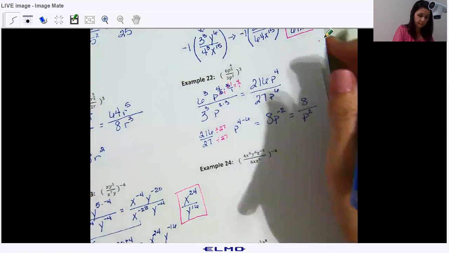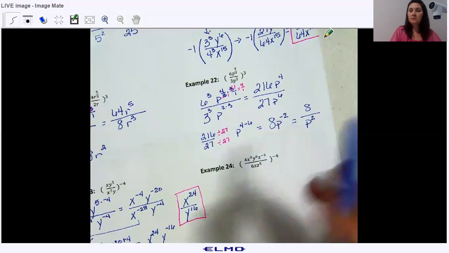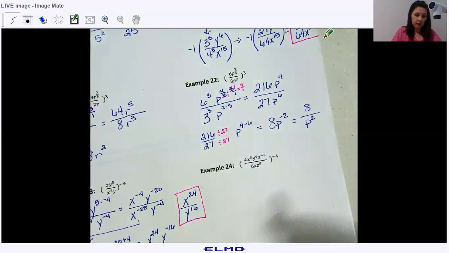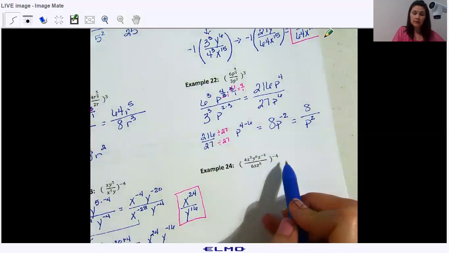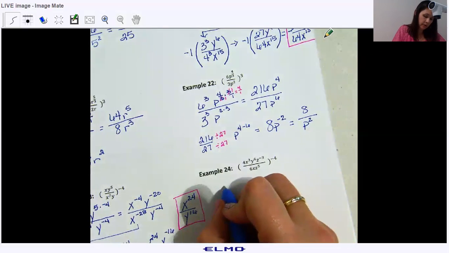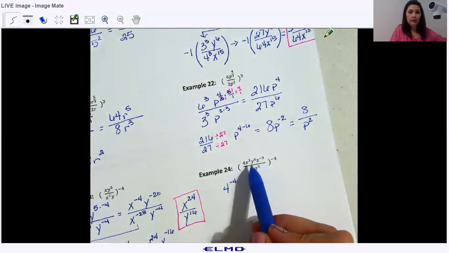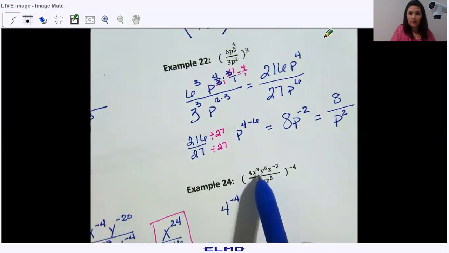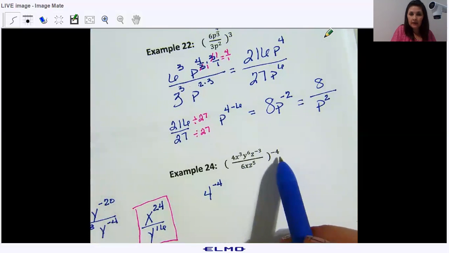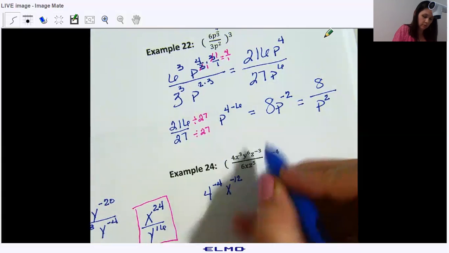Okay, moving on to example 24. Now, because there are so many terms in here, I am going to eliminate that first step, and I'm just going to multiply my powers by my power. So here I have 4 to the power of -4, and then x to the power of 3 times the power of -4 gives me x to the power of -12.